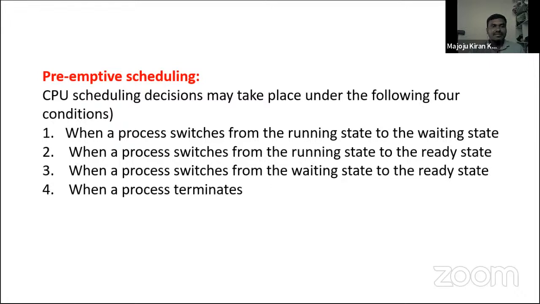It is preempting. So in preemptive scheduling, the scheduling decision is based on what? Based on these four conditions. Preemptive scheduling is based on when a process is running, the process can be stopped for a particular reason, and the chance will be given to another process.